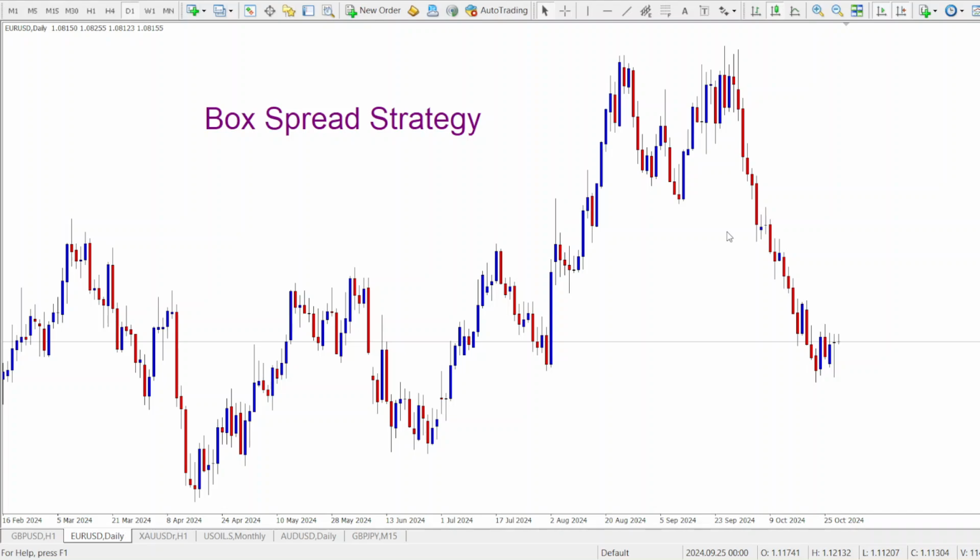Now, let's get into how to set up a box spread. The first thing you ought to do is to choose your options. This strategy is mostly used for options trading. So first, you can select the asset that you want to trade.